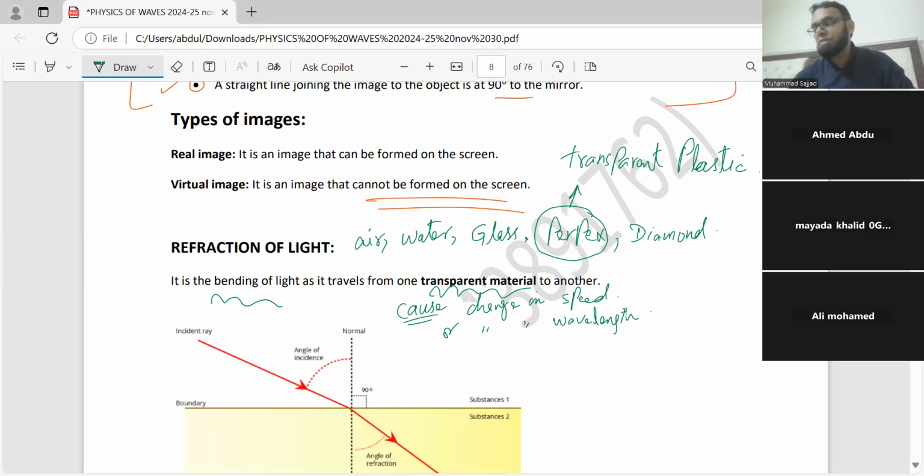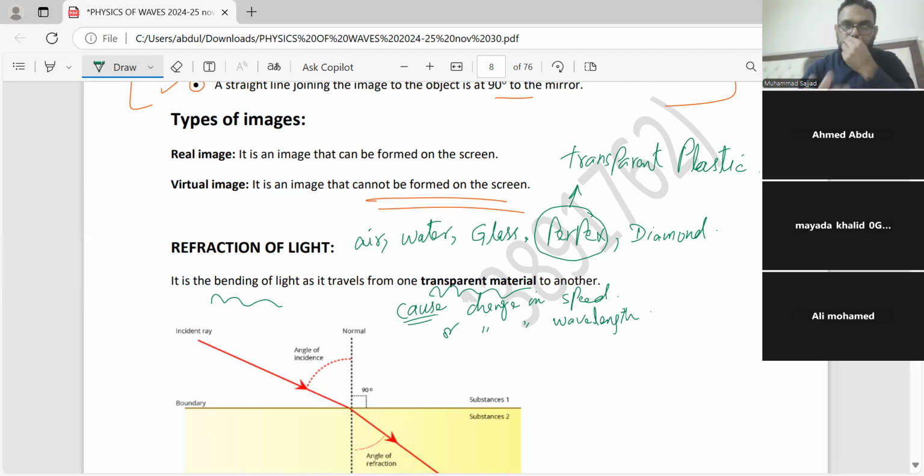Or you can also say, but that will not be the very correct scientific answer, difference in density, because there is a difference in density, of course, between glass and air, between water and glass, or between air and water. So there is a difference in speed, and there is a difference in density also, and in wavelength also. So refraction of light is caused by change in speed.